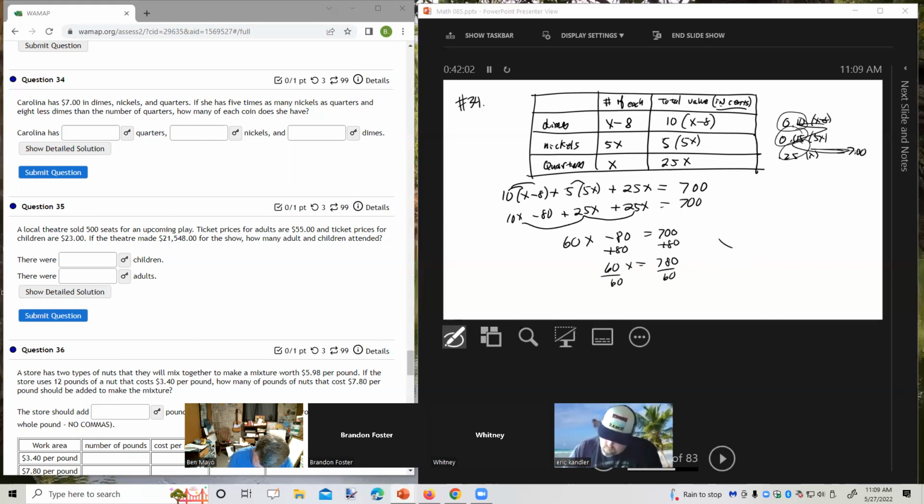Divide both sides by 60. X equals, what is that? 13, I think. 780 divided by 60 is 13. So this is 13. This is 5 times 13, which is 65. This is 13 minus 8, which is 5.